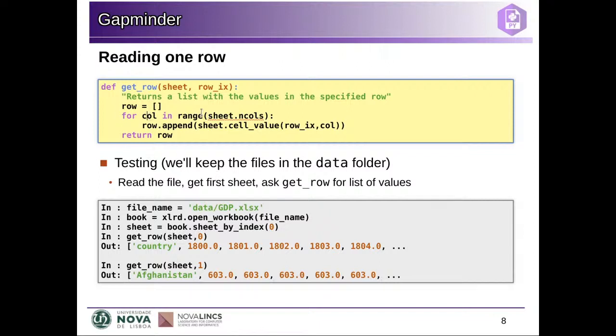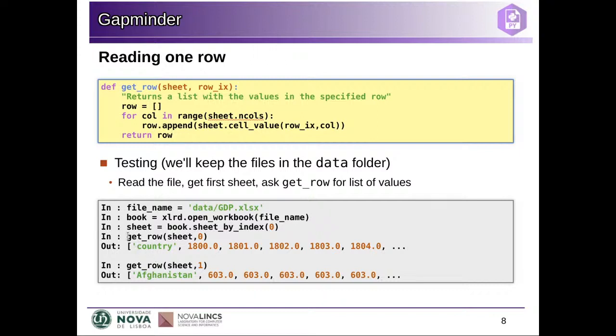So now, starting at 0, we're going 0, 1, 2, and so on until the last column that has values. And we're going to append the value at each cell by providing the same coordinate for the row. So the index of the row is fixed, but we'll keep changing the index of the column, which is the variable that is used here in this loop. So basically, this function returns a list with all the values of all the columns in the row we specify.